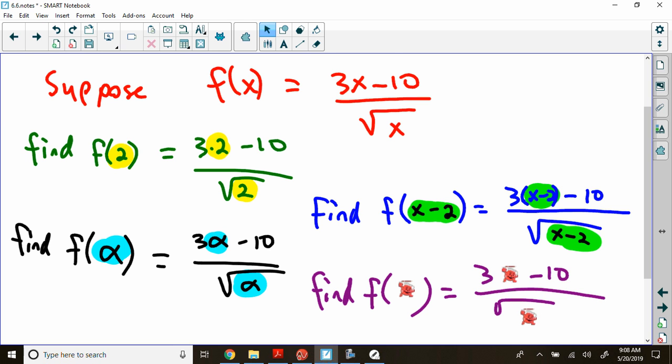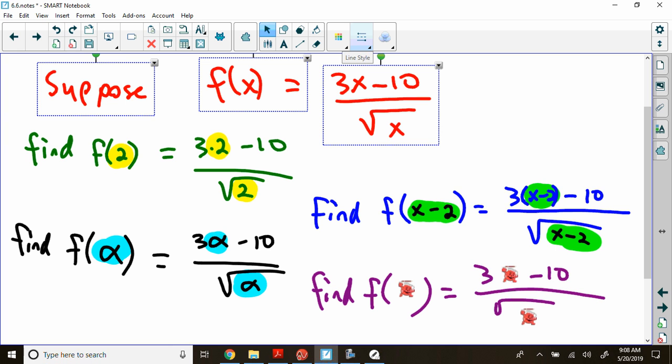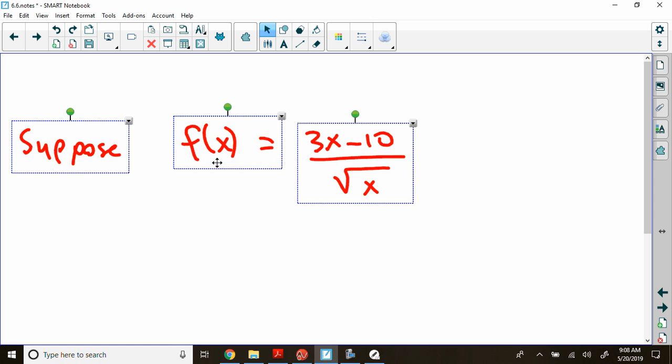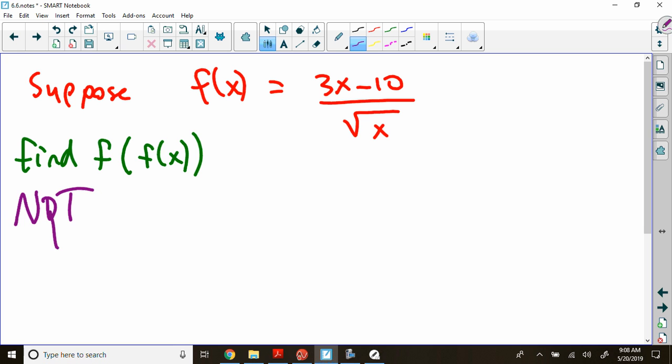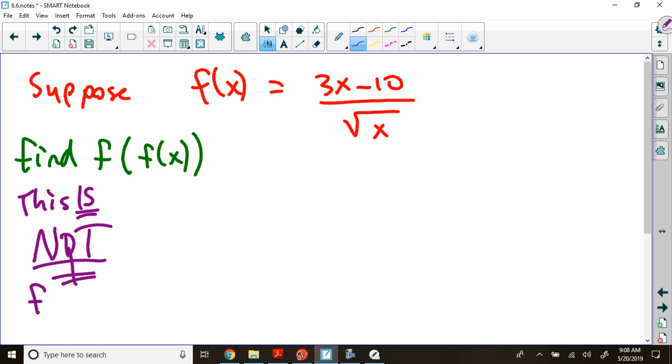Okay, so what we're going to do now is find f of x. What? You can do that? Yeah, you can do that. To be clear, this is not f of x times f of x.